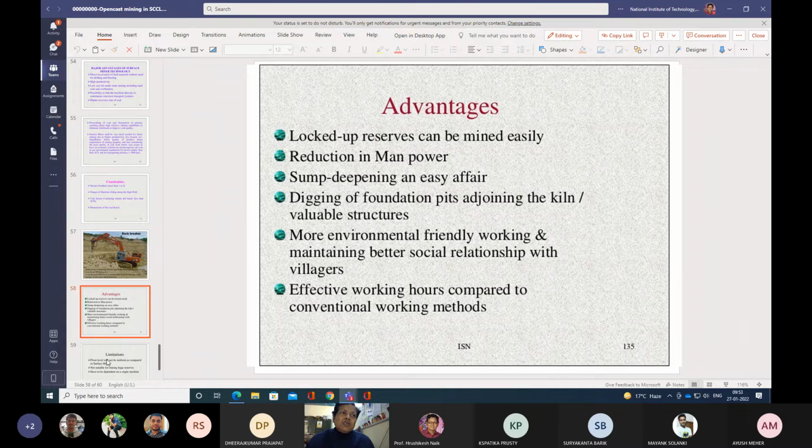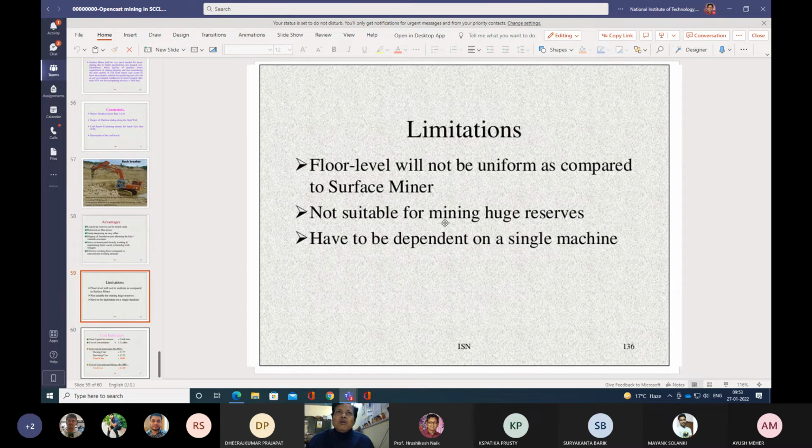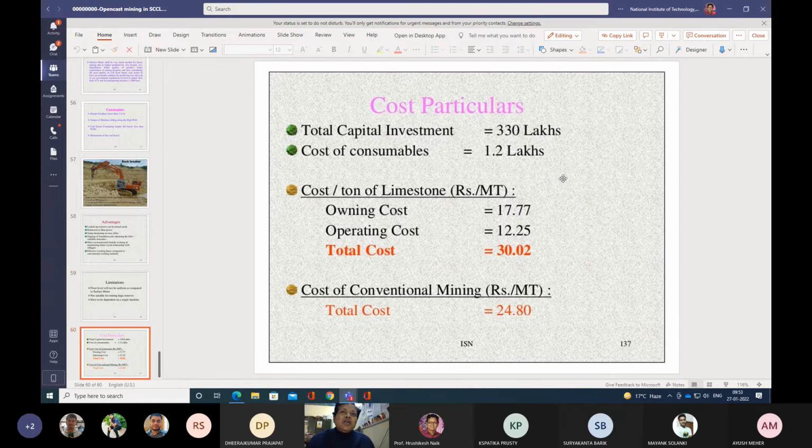And there are some disadvantages, limitations of rock breakers. Floor level will not be uniform as compared to the surface miner, not suitable for mining huge reserves. It is only for small reserve, have to be dependent on a single machine. So this is the limitation of rock breaker. Finally, the last slide is cost estimation. Total capital investment for a rock breaker is 330 lakhs.